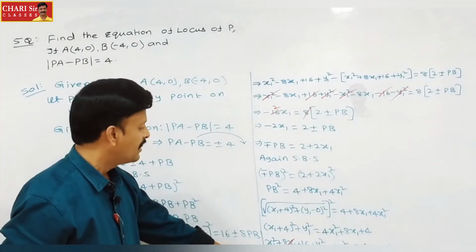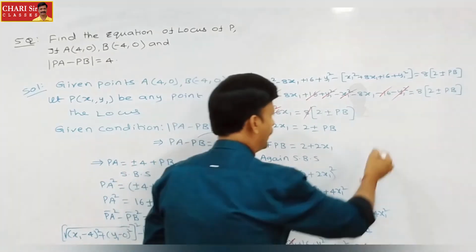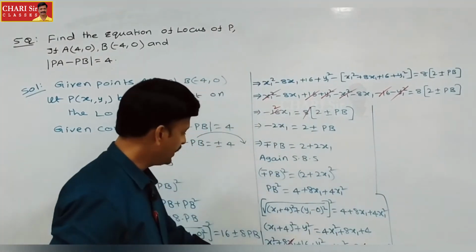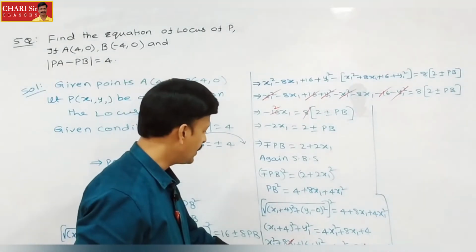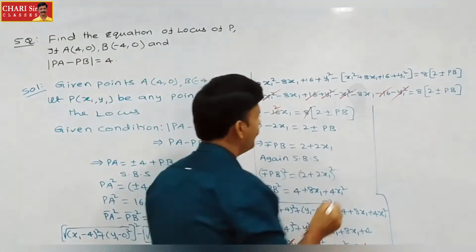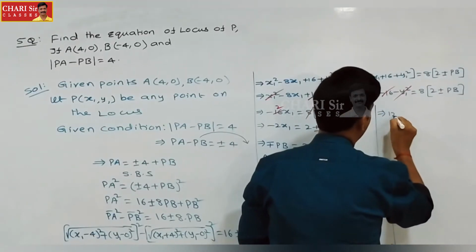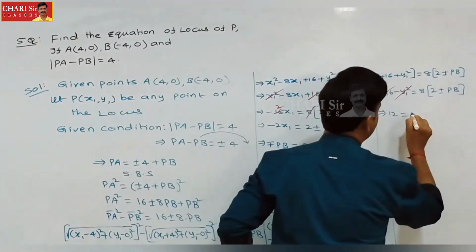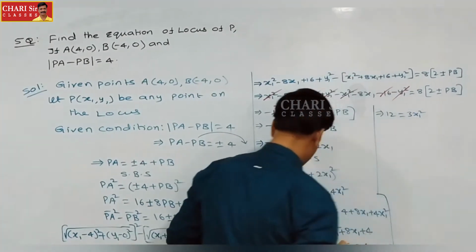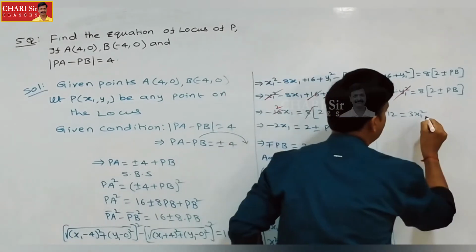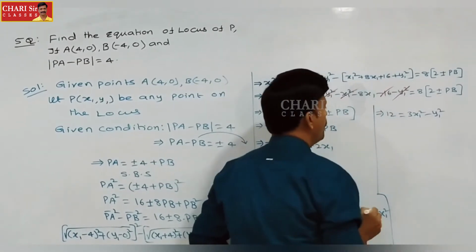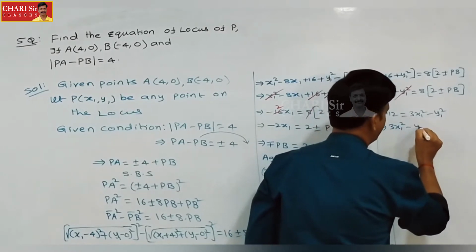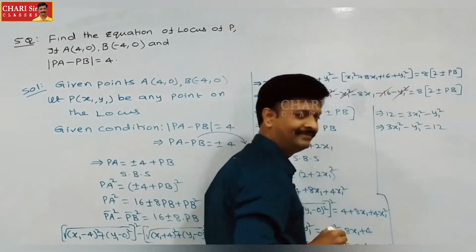Now this has come. A little bit we can simplify more. We'll take minus 3x1 square and y1 square to the right hand side. That equals, you can write, 12 is equal to plus 3x1 square minus y1 square, which can also be written as 3x1 square minus y1 square is equal to 12.